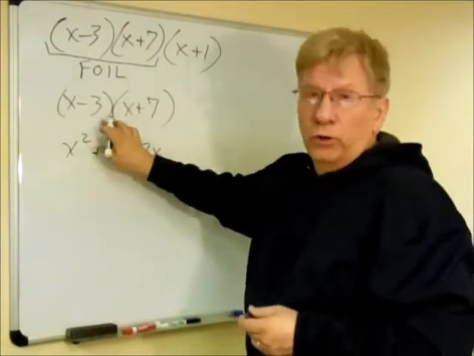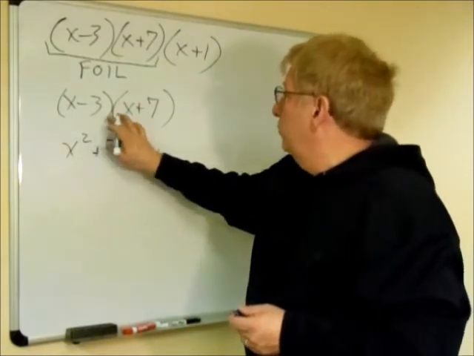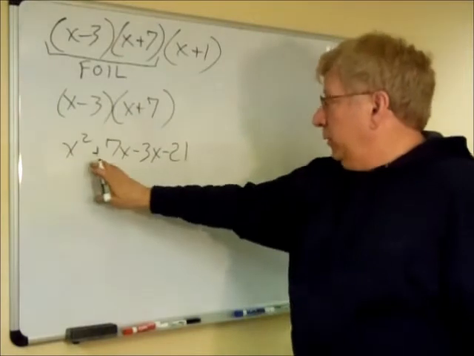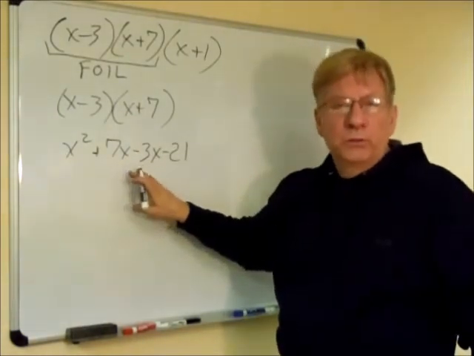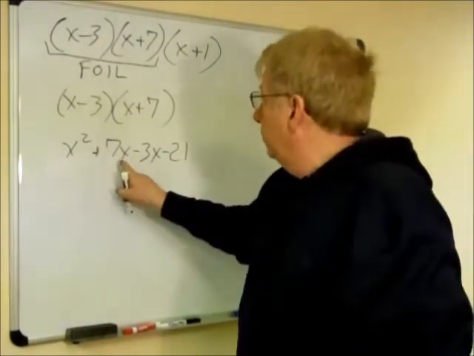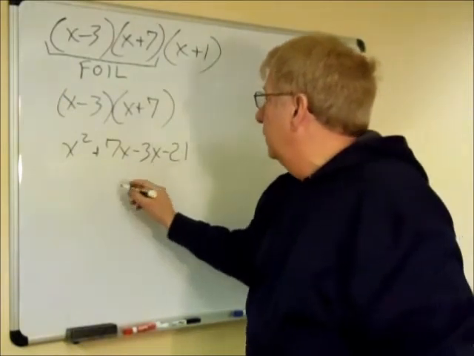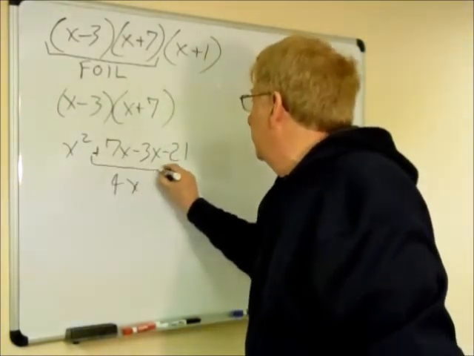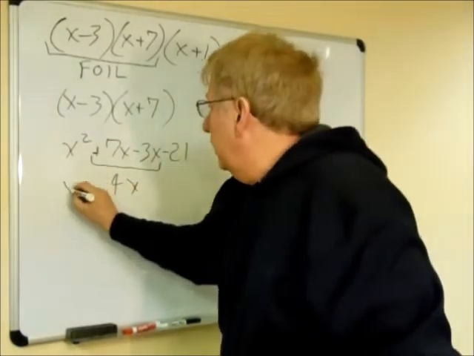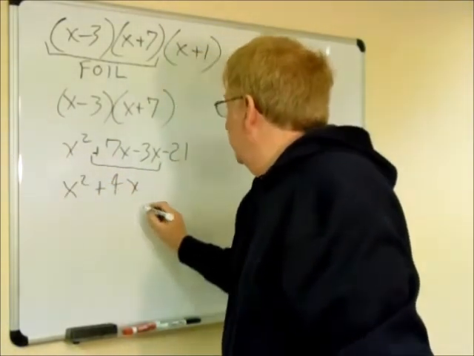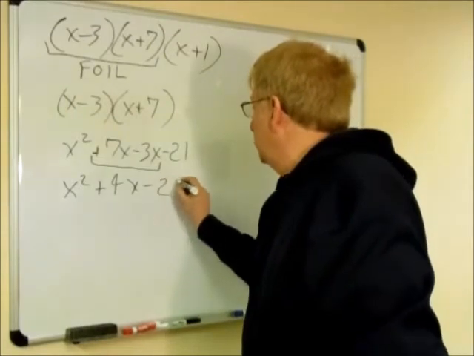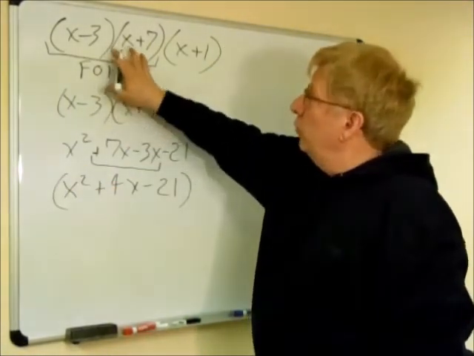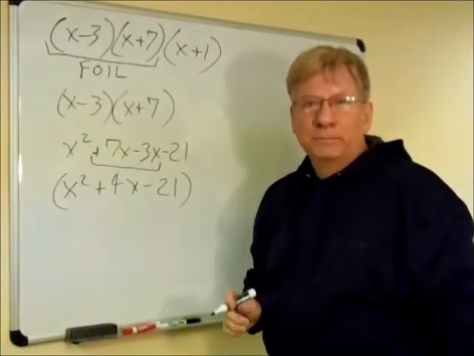And last, the last term of each binomial, minus 3 times 7 is minus 21.